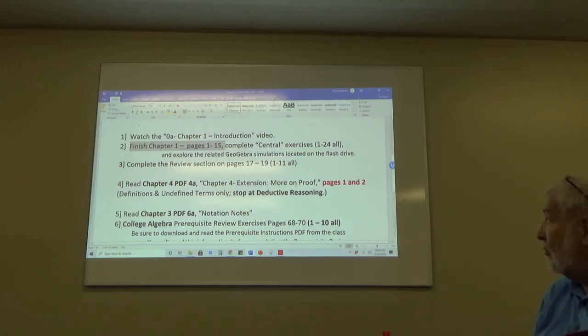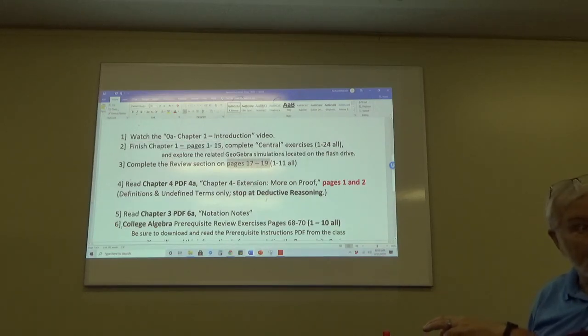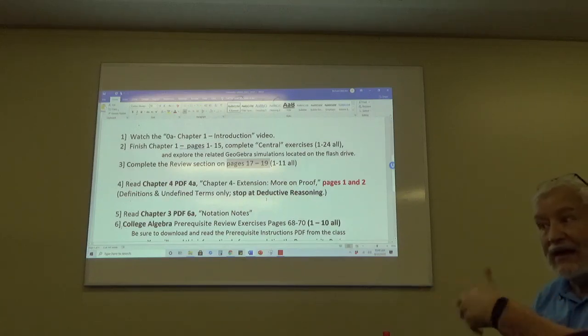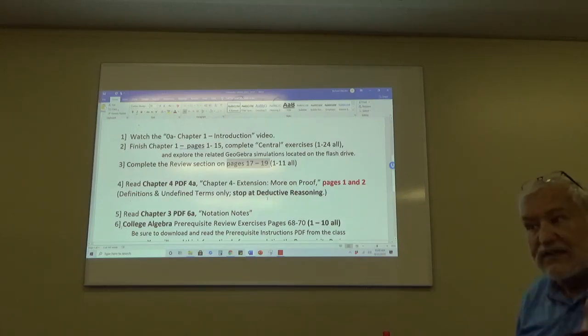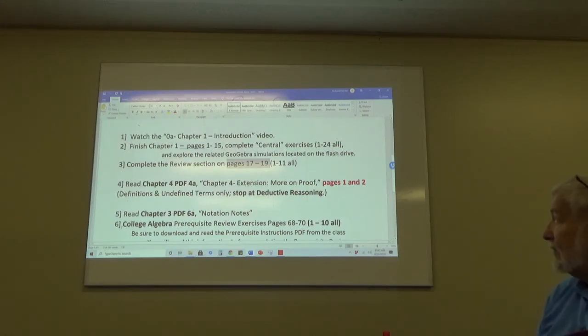Okay? And then when you get to pages 17 to 19, that's like being at the end of the chapter. Those are the questions and exercises that go with the skills now that you've learned what the skill is. Now, on the drive, you're also going to have some other things to learn.